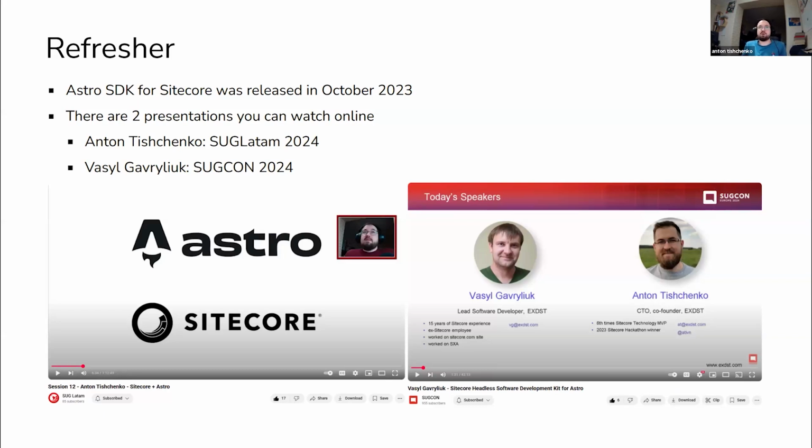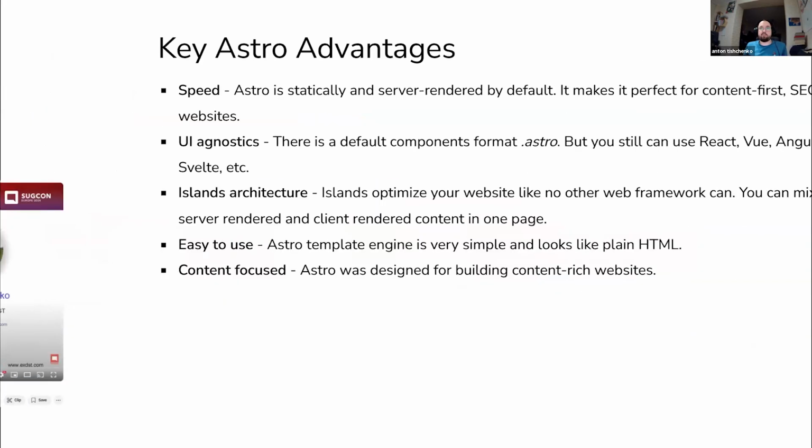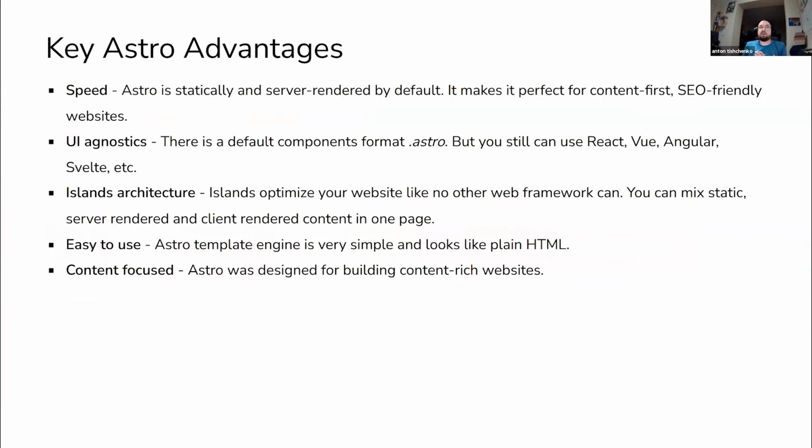But in order to remind you about Astro and why it could be good together with Sitecore, I will make a small recap. So the key advantages of Astro are speed, UI agnosticism, island architecture, ease of use, and being content focused. How do they achieve it?